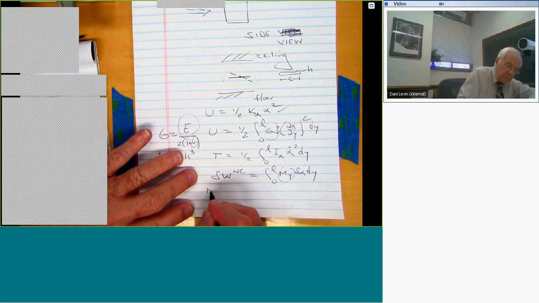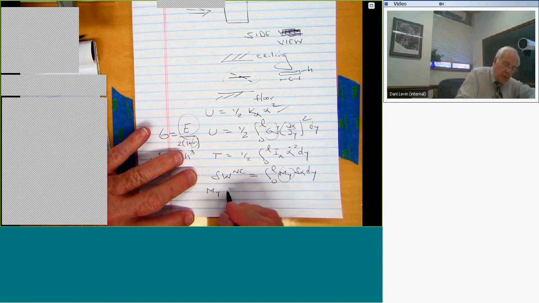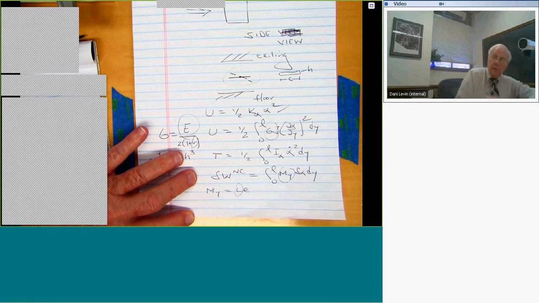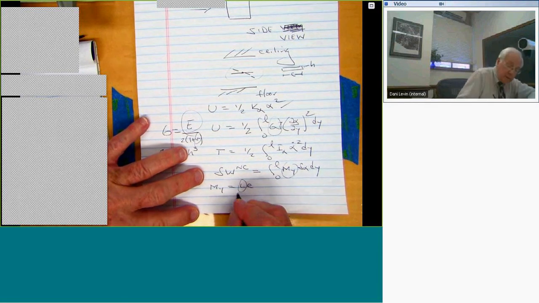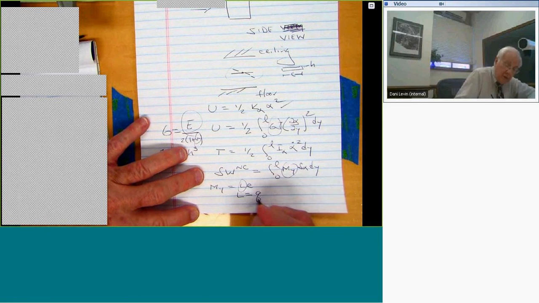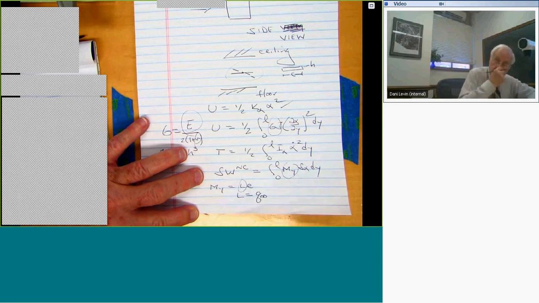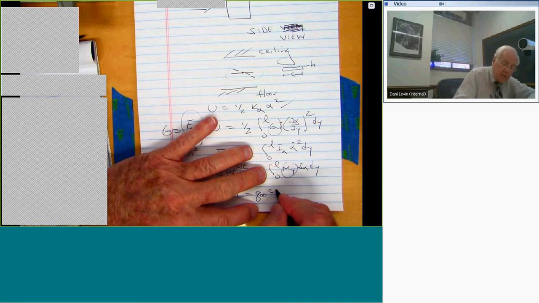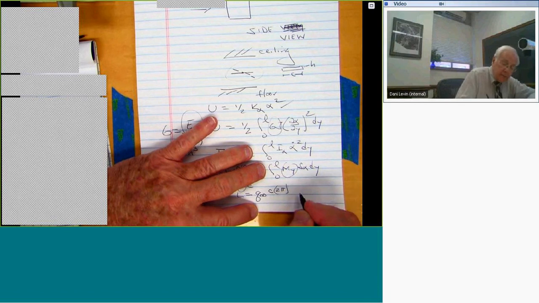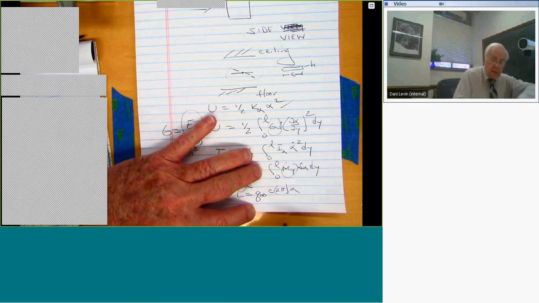And m sub y, we can still use our old model if you want to. It could be L times E, but now this is also L per unit span, so L would be Q infinity times C times, well, it's a low speed flow, 2 pi, right?